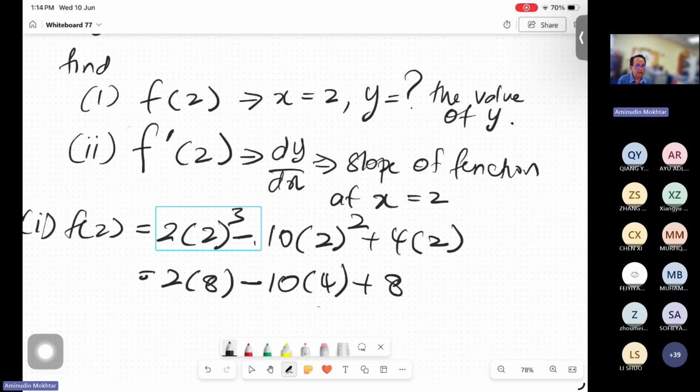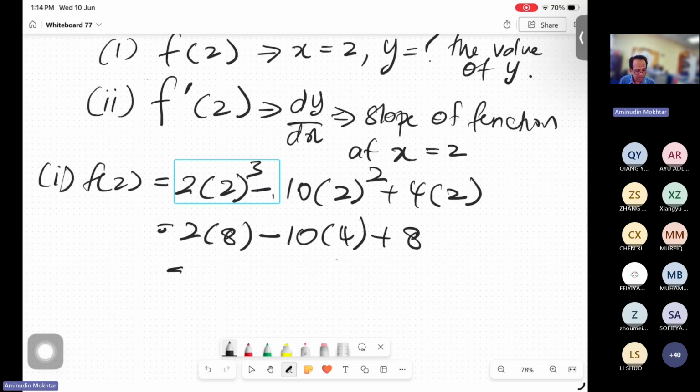We calculate this: 16 minus 40 minus 14 plus 8. When x equals 2, the value of y is negative 16.